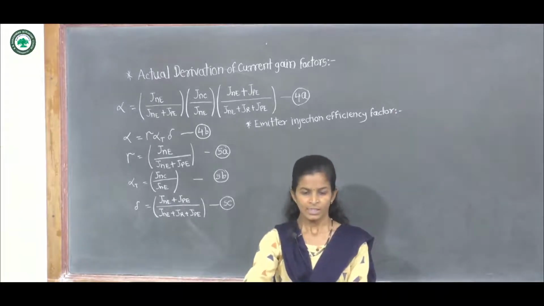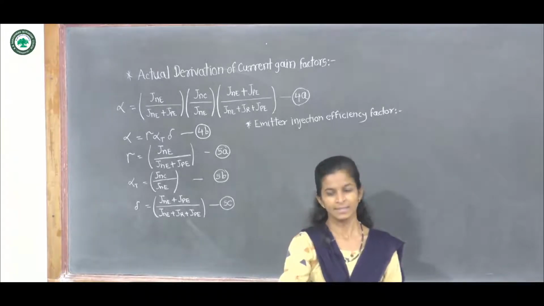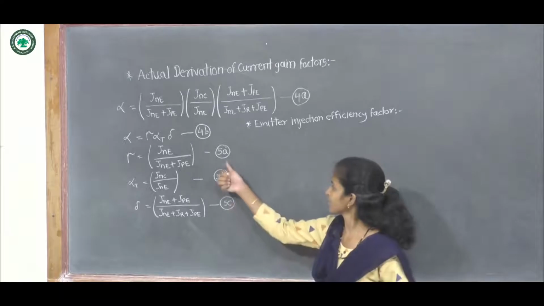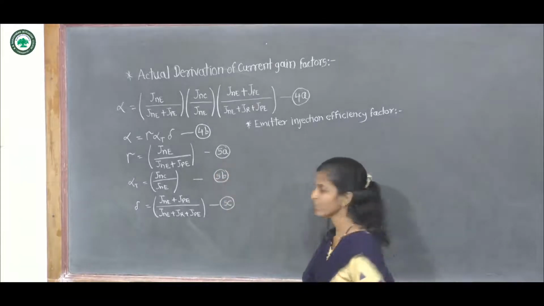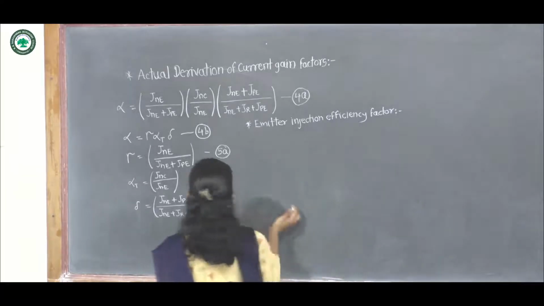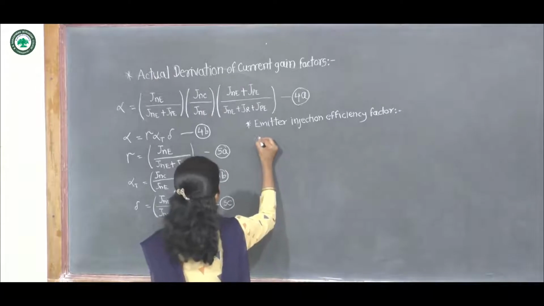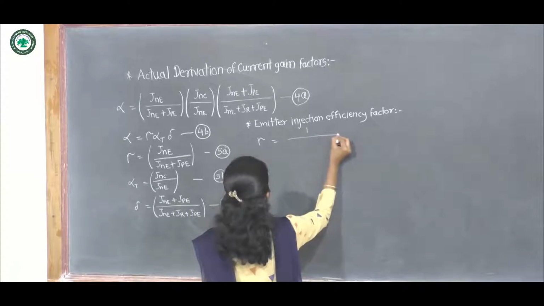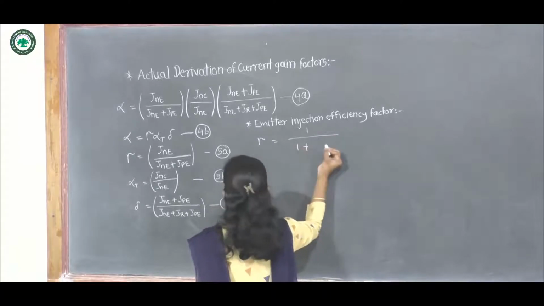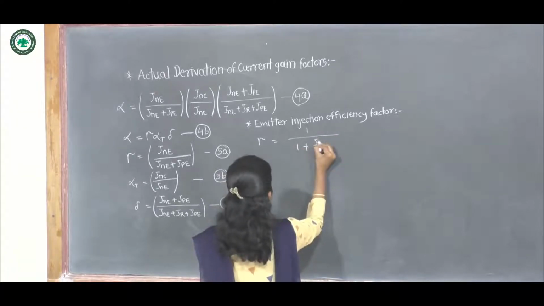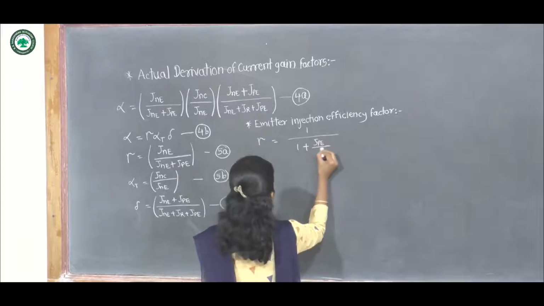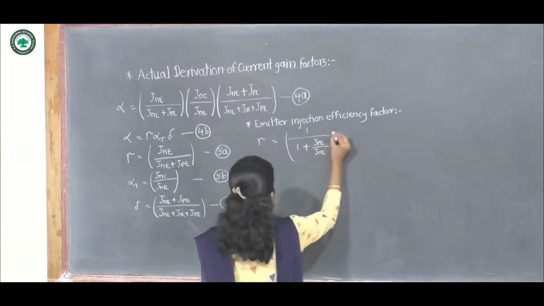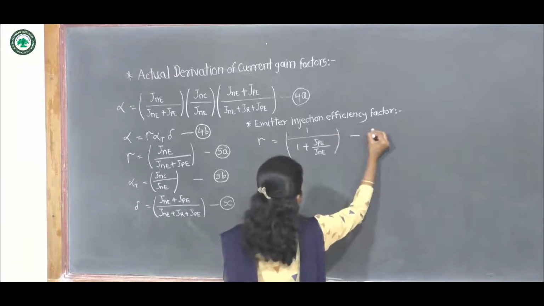If we initially consider the emitter injection efficiency from equation number 5a, then one may write gamma is equal to 1 upon (1 plus Jp by Jne). So this is next equation number 6.